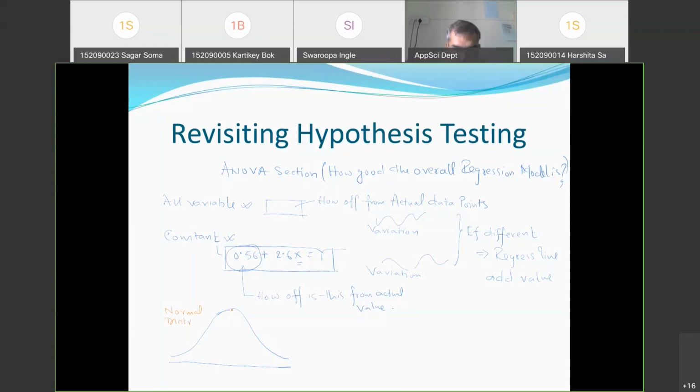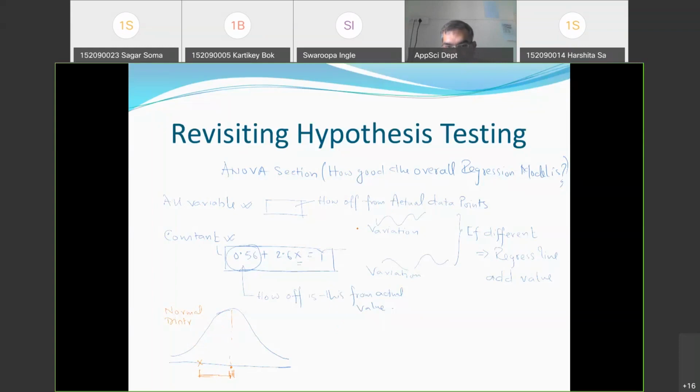We were hypothesizing that the mean of the variable is this, and our sample value, what we get from our sample, is somewhere around this mean, and we were trying to decide whether this difference is significant, or how probable a value this far from the mean is. So we were calculating the z value, using the z table to find out that probability.